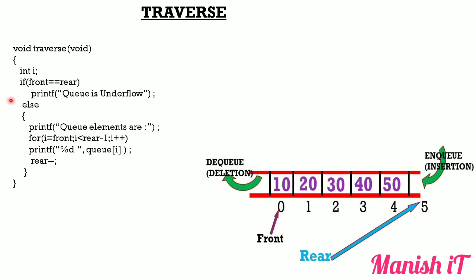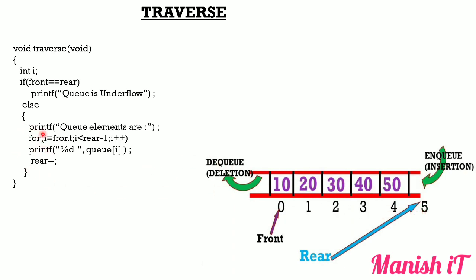This is also a void type function. We declare an integer type i, and the condition is: if front equals rear, it means the queue is underflow. In this case, front and rear are different, so the situation is not underflow.